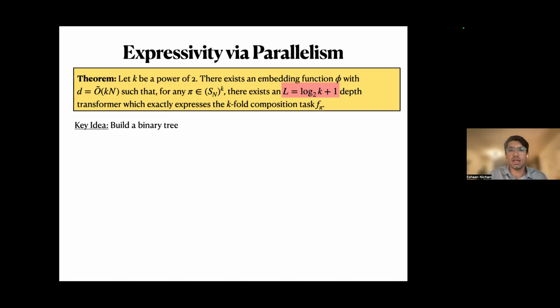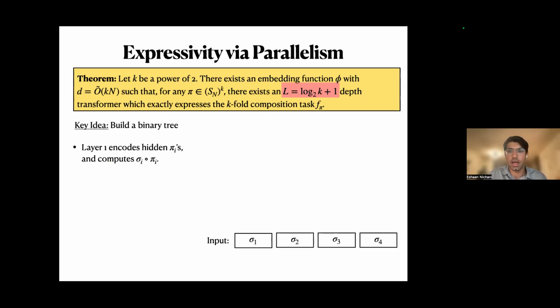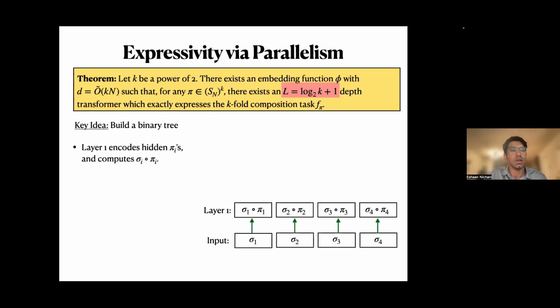The high-level idea is just to build a binary tree. We're given as input the permutations sigma 1 through sigma k. The first attention layer is going to compute the compositions sigma i of pi i for each i, and this is done by encoding the hidden pi in the first layer key and query matrices.